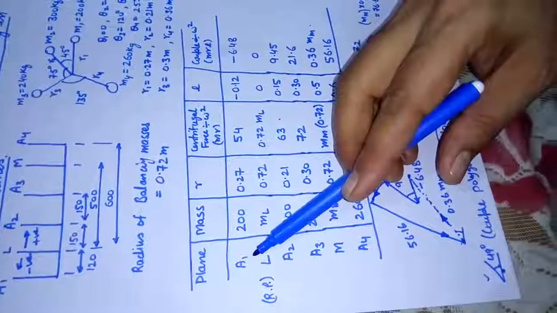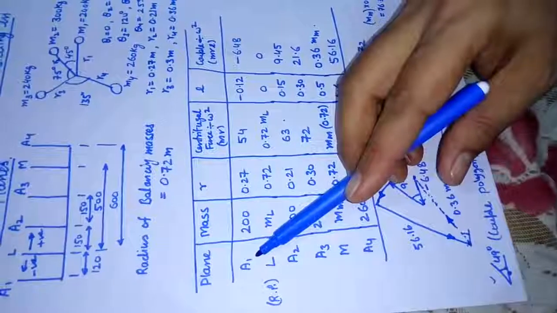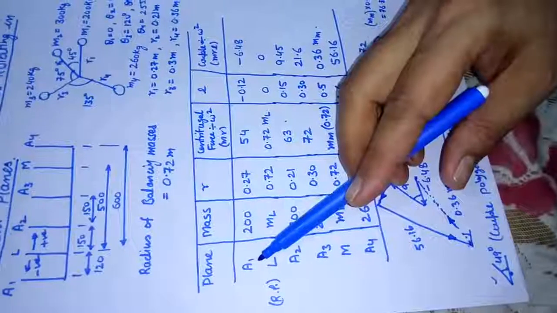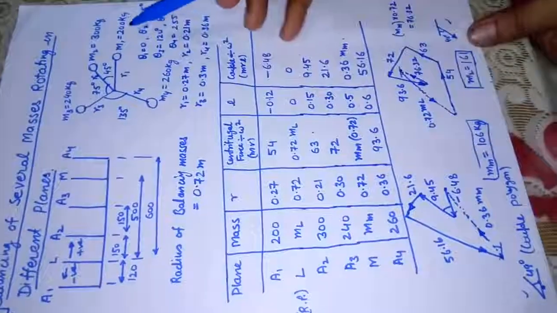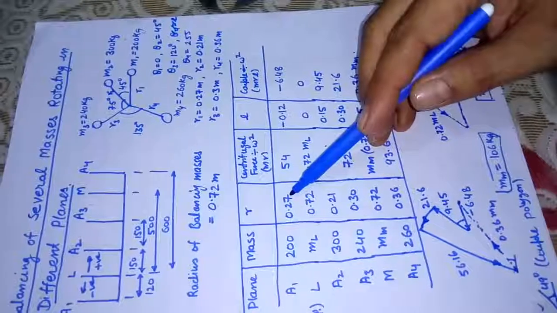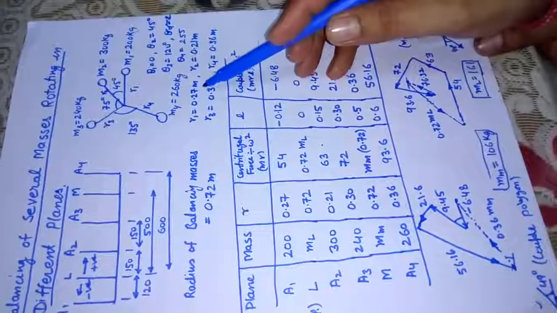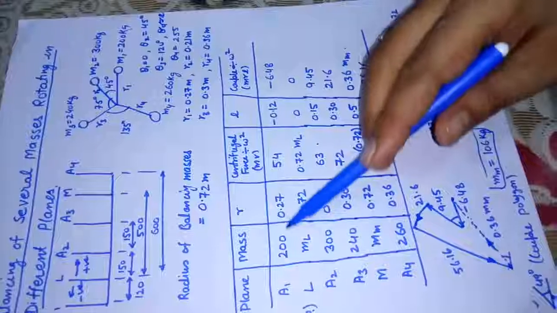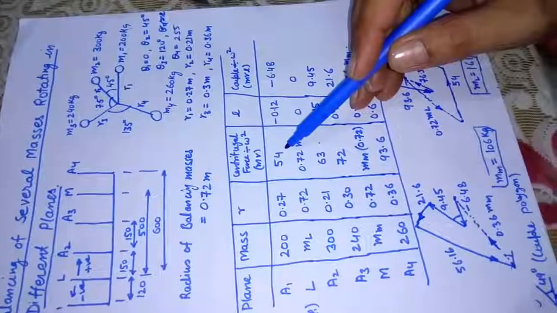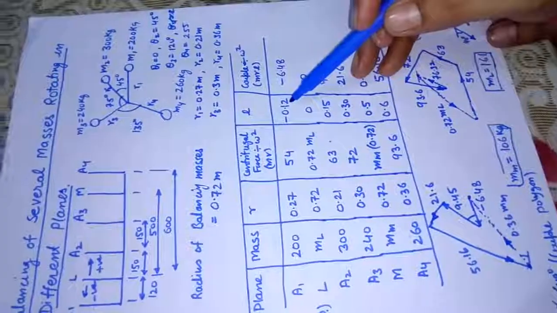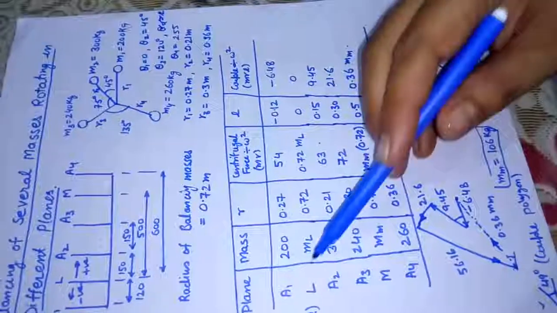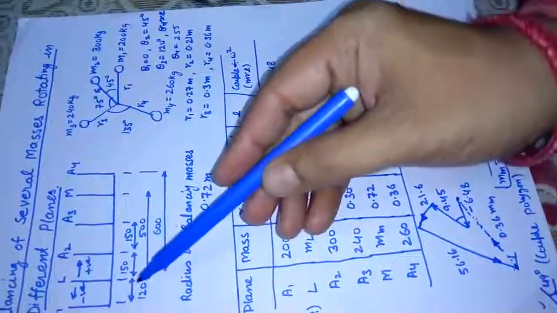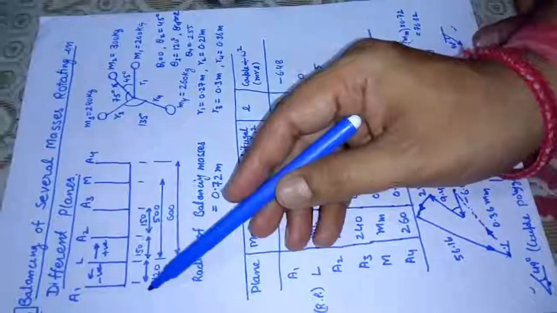Now let's see the components of this table. For plane A1, we have mass M1 of 200. It is at R1, the distance is 0.25. We multiply these two to obtain mr. Now we see the location of plane A1 with respect to reference plane L. It is 120 towards this side.